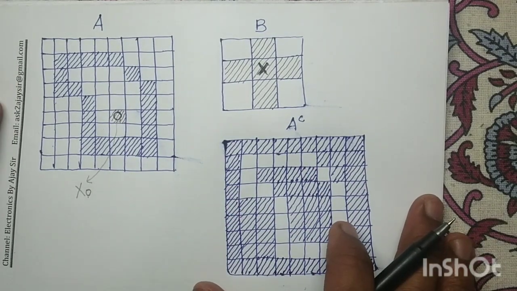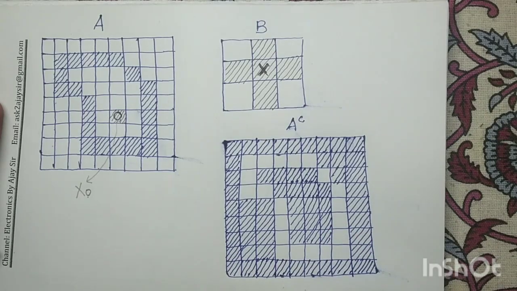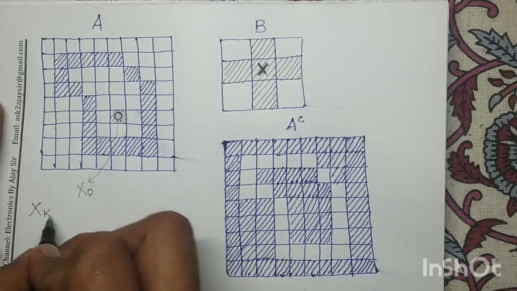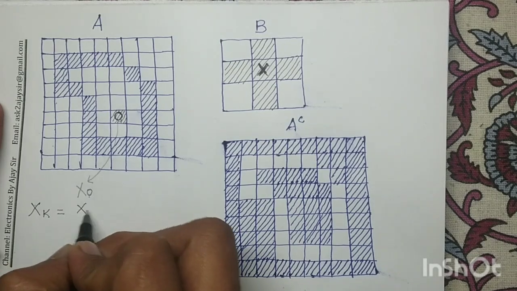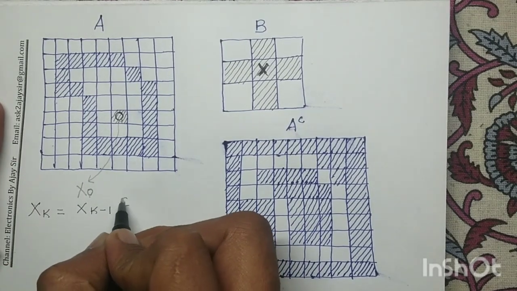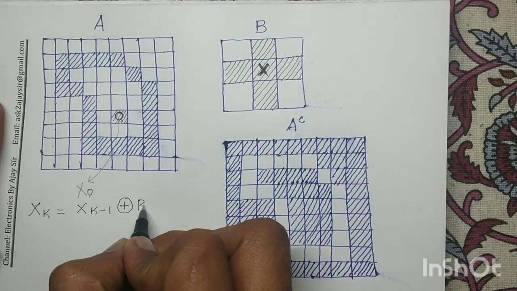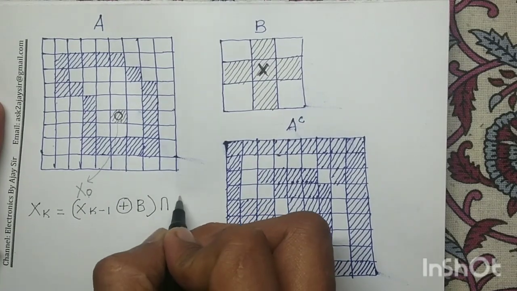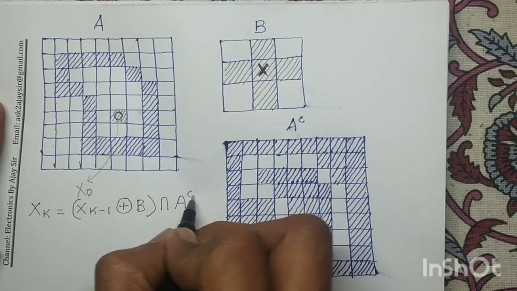Now for the first iteration and onwards, we will use this mathematical equation: xk equals xk minus 1 dilation with the structuring element B, intersection with A complement.